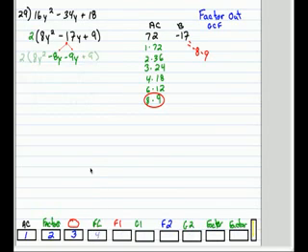Bring down the other terms. Remember to keep that 2 on the outside, somewhere in there. Out of the first group, I'm going to take an 8y, which leaves y minus 1. Out of the second group, now I need a sign change.